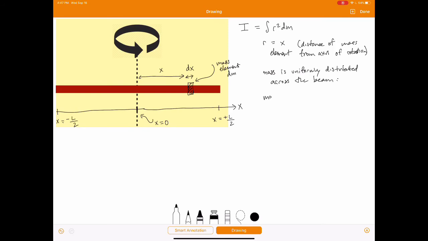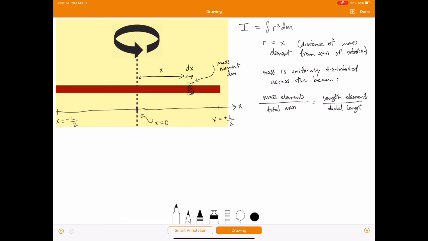The mass element, divided by the total mass should equal the length element divided by the total length.